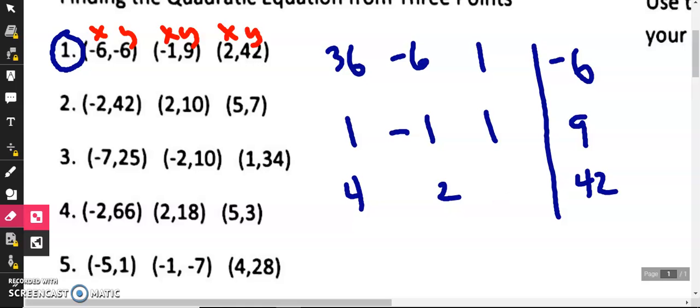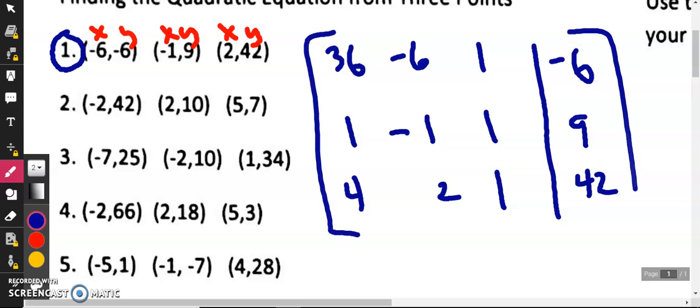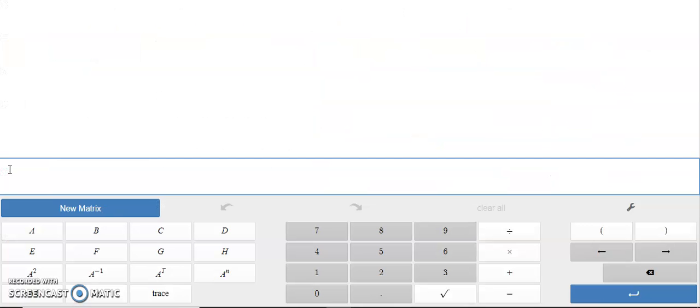And then the c becomes a 1. And then just for the sake of it, I'm going to label my columns A, B, C, and then the final number, just so we don't forget how everything was plugged in. Then what I'm going to do is go over to Desmos, put in my matrix, and simplify the equation.